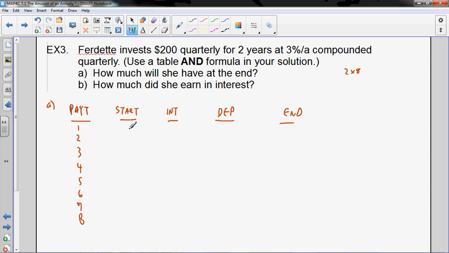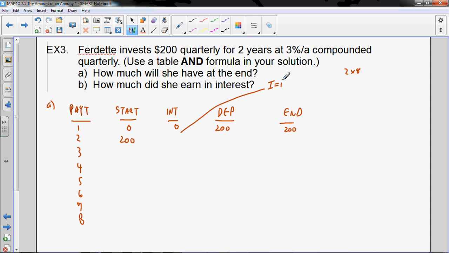So at the start we got 0, no interest, but the deposit is $200 every 3 months, which is quarterly, 4 times a year. 200 at the end, and then that becomes the new starting balance. The interest, and I don't got a lot of room in here, so I'm going to do this calculation off to the side.